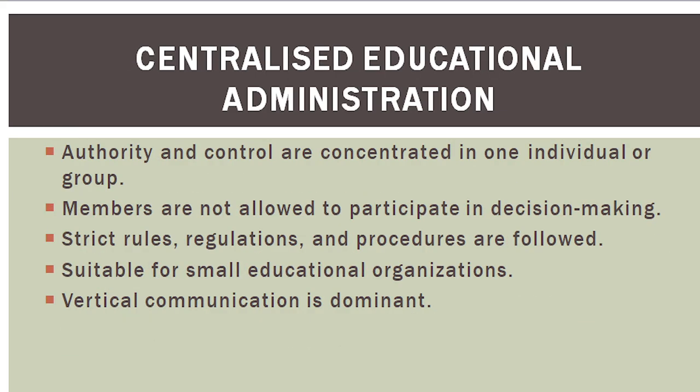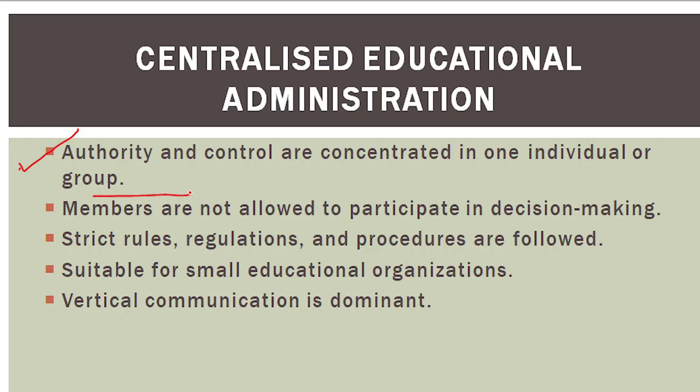Now coming to the second dichotomy of the type of educational administration, that is centralized versus decentralized. Centralized educational administration is where the authority and control are concentrated in one individual or group.